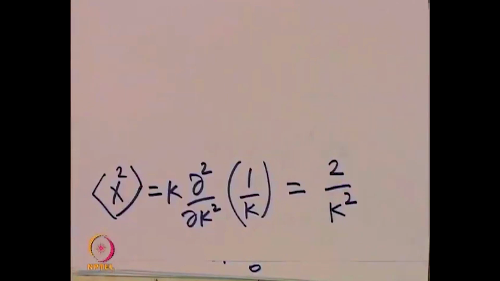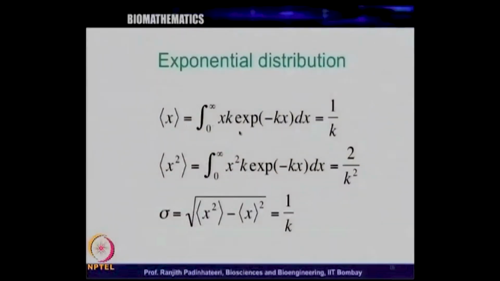So, what do we get? We get x average is equal to 1 over k, x square average is 2 over k squared, and now we can calculate the standard deviation. The standard deviation sigma is the square root of x square average minus x average squared, which is 1 over k.